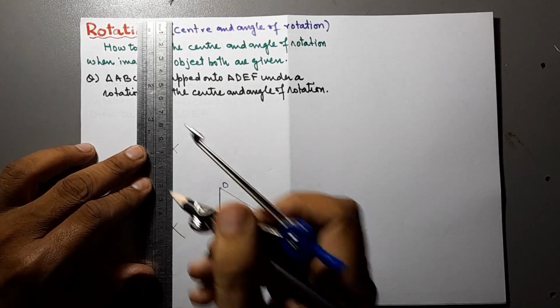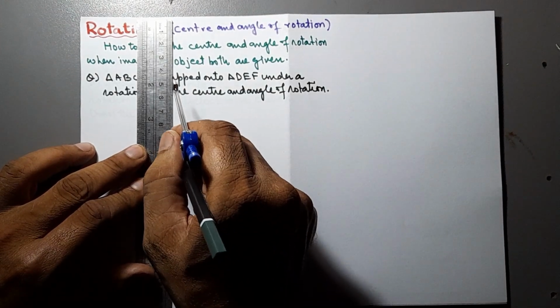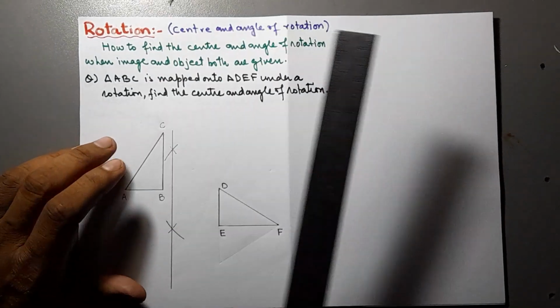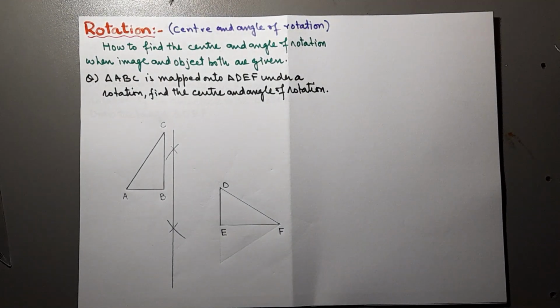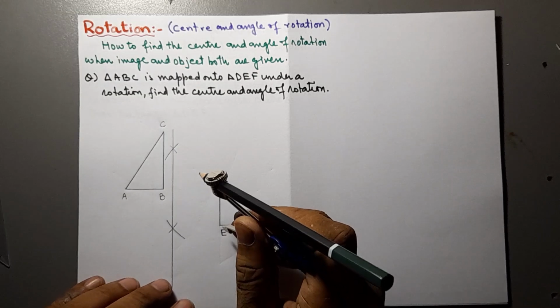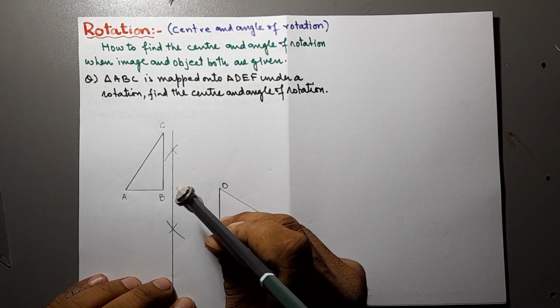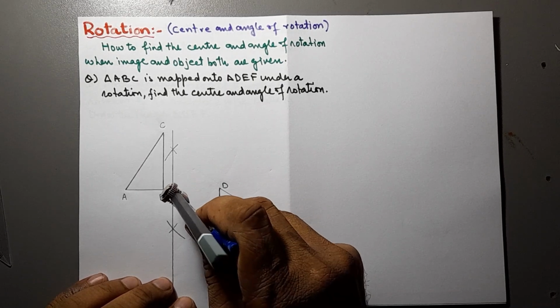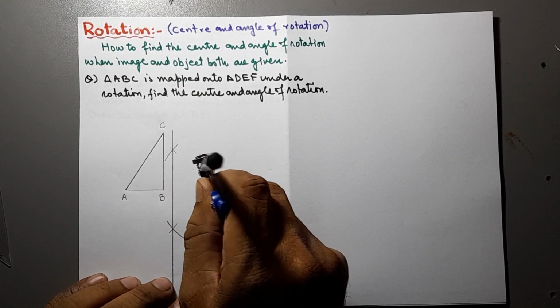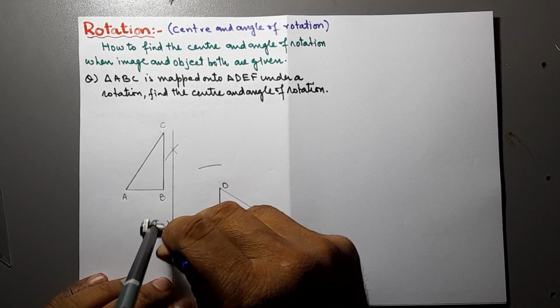Now I need another perpendicular bisector. Now I will draw a perpendicular bisector between B and E. I can also draw the perpendicular bisector between C and F. With compass with radius more than half of the length of BE, I will draw two arcs.